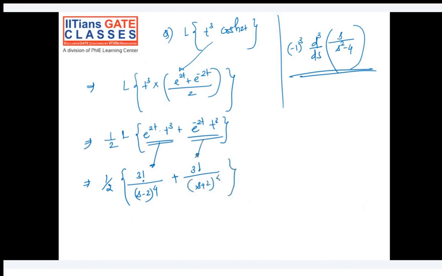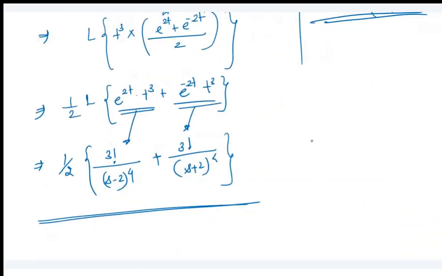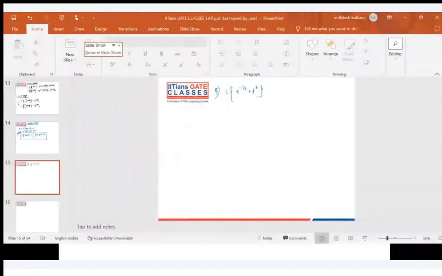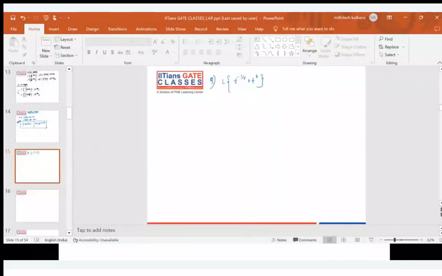So in this way, this problem becomes quite simpler rather than proceeding with the multiplication by t. So always do consider other methods to solve it. There can be more than one way to solve a question, so don't just rely on one particular method.